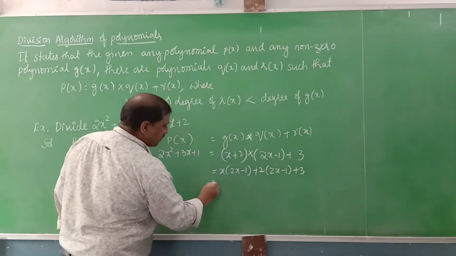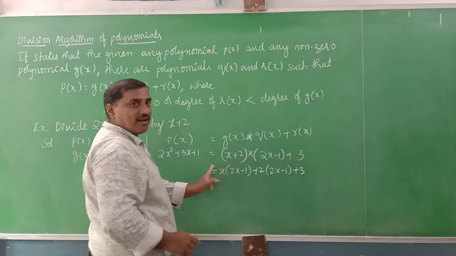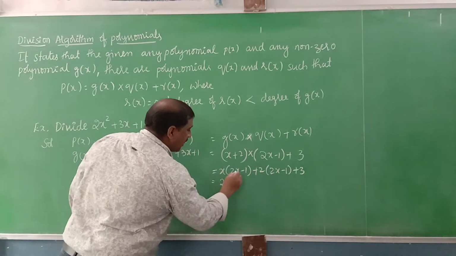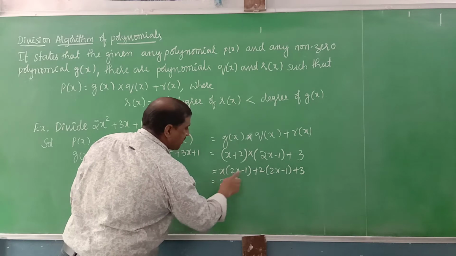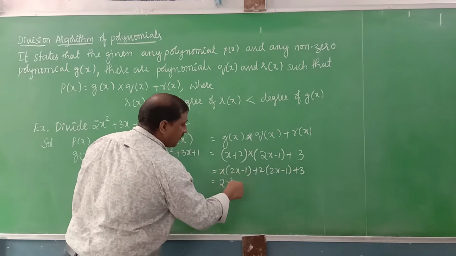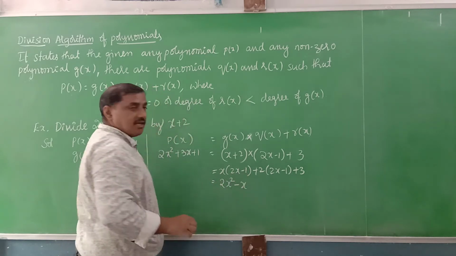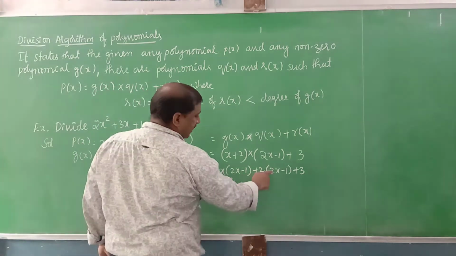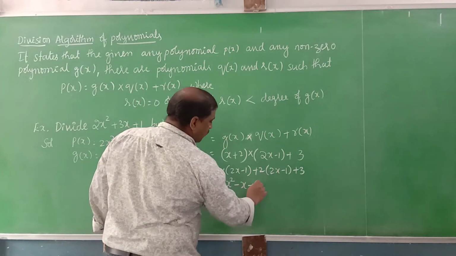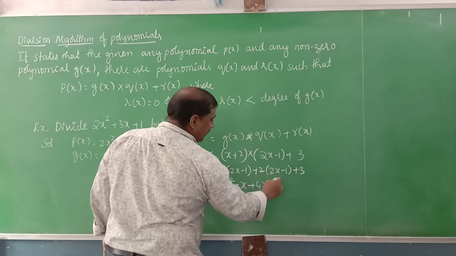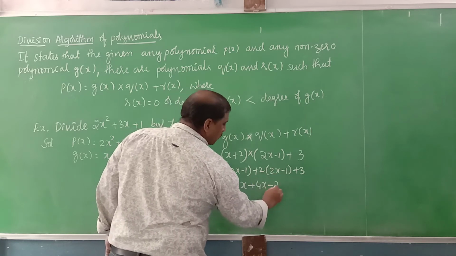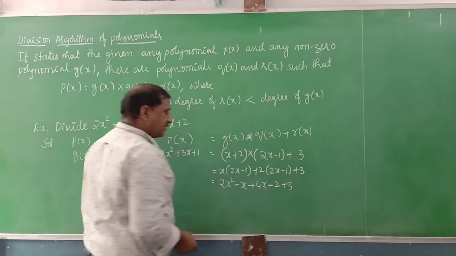So multiply as usual: x into 2x is 2x square, x into minus 1 is minus x, 2 into 2x is plus 4x, 2 into minus 1 is minus 2, plus 3.